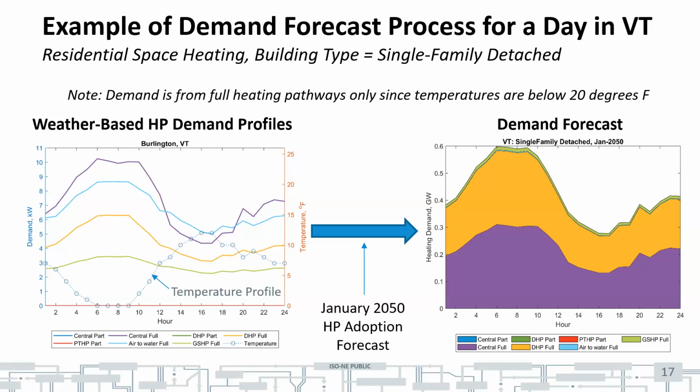But then you take those traces, you fold in January 2050 heat pump adoption for each of these pathways, and you end up with the plot on the right, which is the total hourly demand profile on this day for Vermont, with a morning peak of about 600 megawatts, which is not too far different from what Vermont's current annual peak is today, just to put it into context. You can see the various slices by heating pathway, with central full being the purple and ductless heat pump full being the orangish colors.